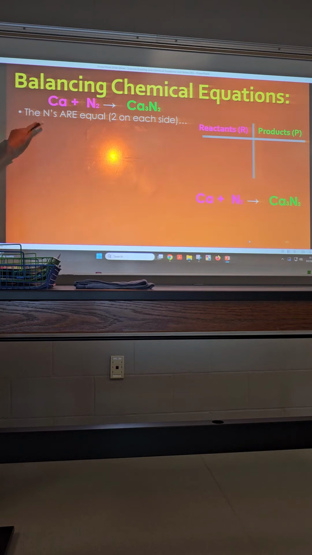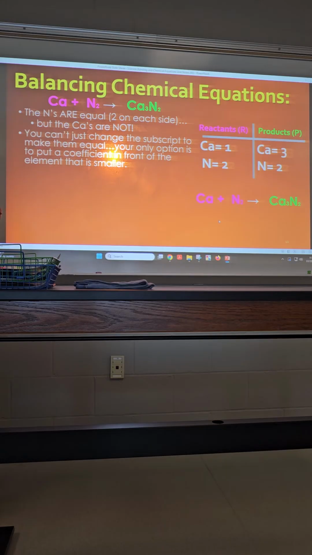So on slide 41, the N's are equal. They each have 2, there's 2 on each side, so that's good. Okay, but the Ca's are not. We have 1 and we have 3. So since we can't just change the subscript, our only option is to put coefficients in front of the side that is lower, in front of the element that is lower.